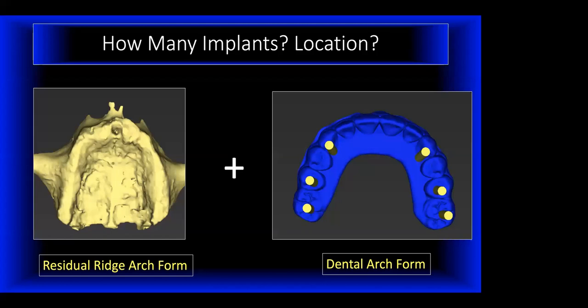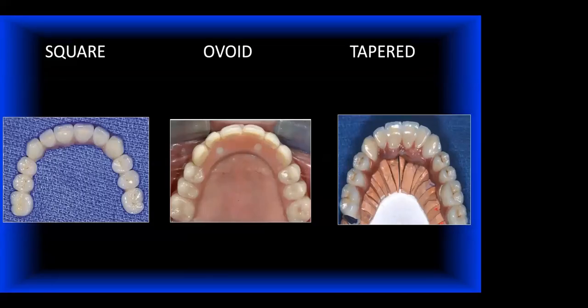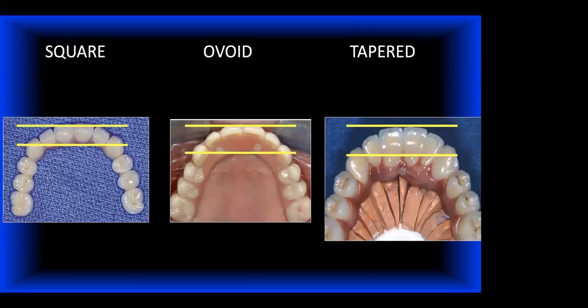Dr. Carl Misch came up with evaluating the residual ridge arch form and the dental arch form. So what do we mean by that? Well, there are 3 types of arch form, and this is called the dental arch form, meaning the prosthesis. It could be a square, it could be an ovoid, or it could be tapering. And how do you determine that?